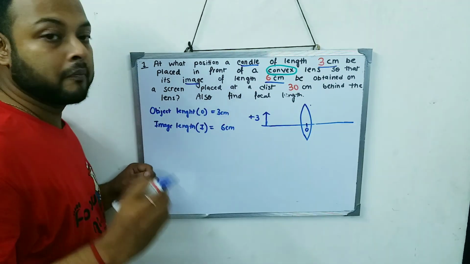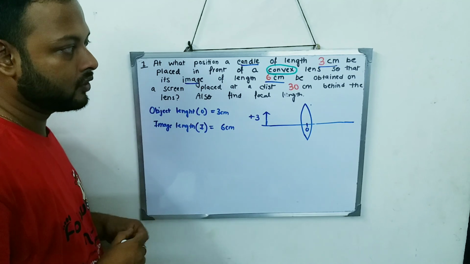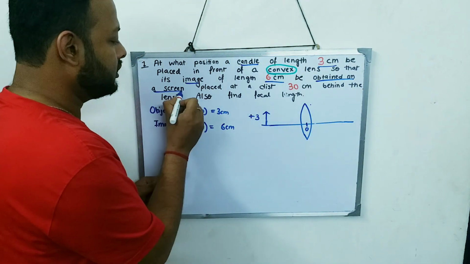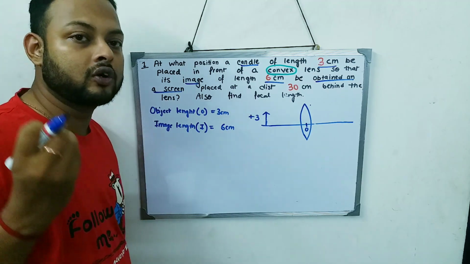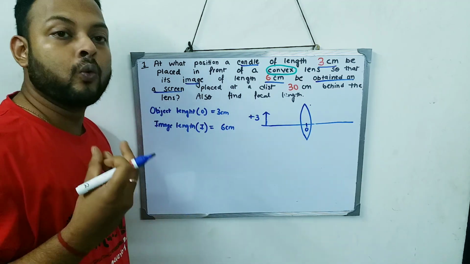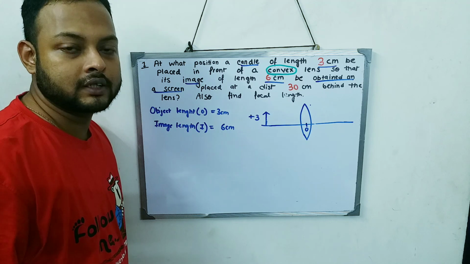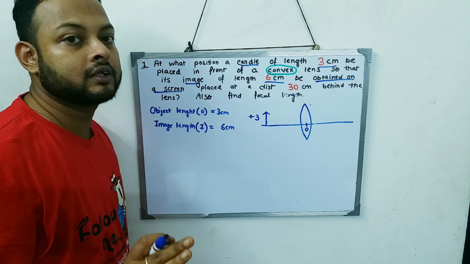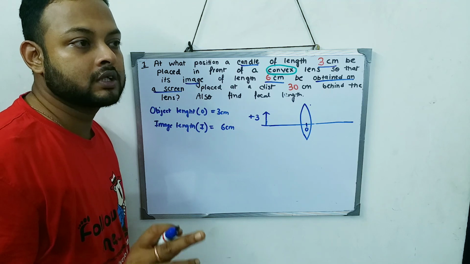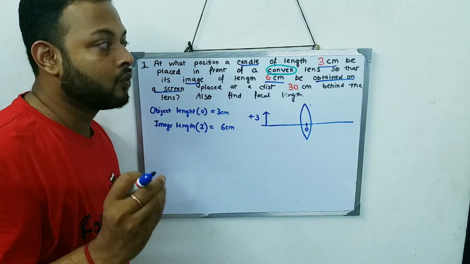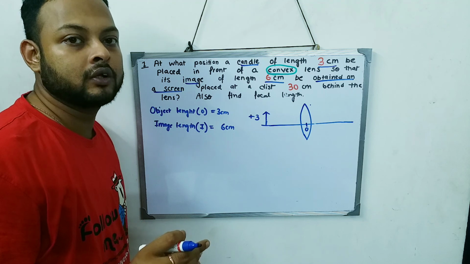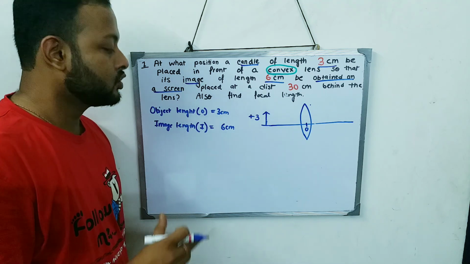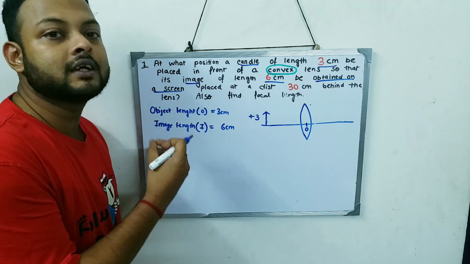But very important over here, obtained on a screen, that has a lot of relevance in this sum. What kind of image is obtained on the screen? Is it a real image or a virtual image? Try to think of this answer, because from class 8 you are learning this. What kind of images are obtained on the screen? The answer is always real images are obtained on the screen. So the image that I get is a real image.